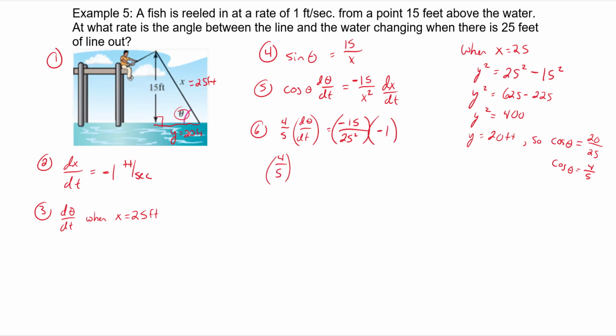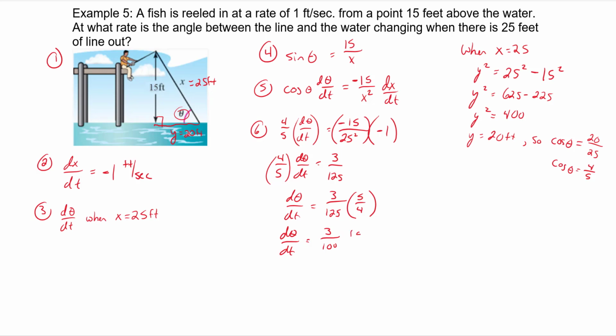So 4/5 dθ/dt equals, multiplying and simplifying, 3/125 on the right hand side. Then dividing by 4/5, which is the same as multiplying by 5/4, dθ/dt equals 3/125 times 5/4. Cleaning that up, dθ/dt equals 3/100.